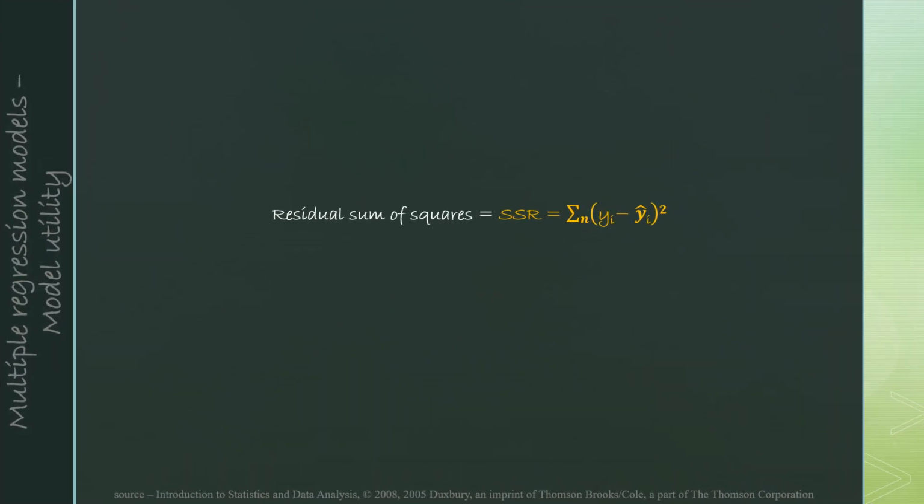Residual sum of squares SSR equals sigma, from 1 to n, of yi minus yi hat, the whole squared, where yi is the observed value in the ith record or observation, yi hat is the predicted value using the estimated regression function for the ith observation, and n is the sample size.